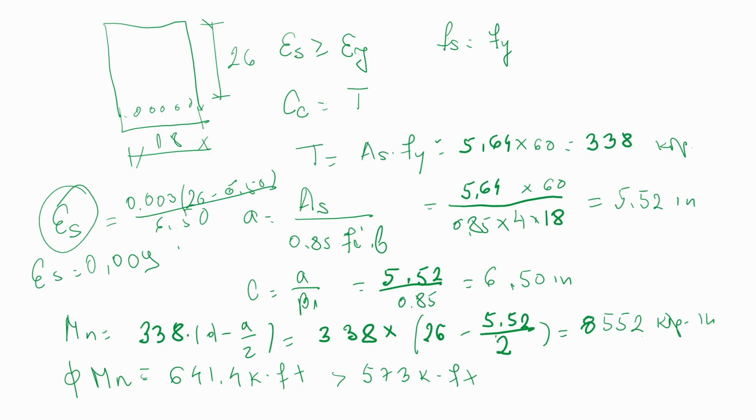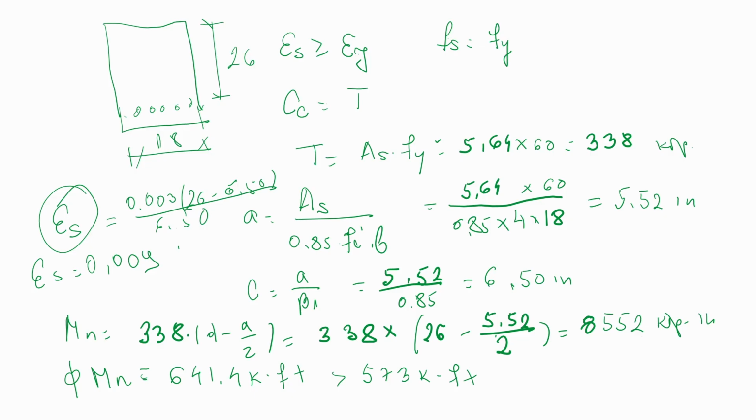So now we are using the equation for a moment strength capacity, which is tensile force times the lever arm. So 338 kip times 26 minus 5.52 over 2 will give me 8,552 kip inch.